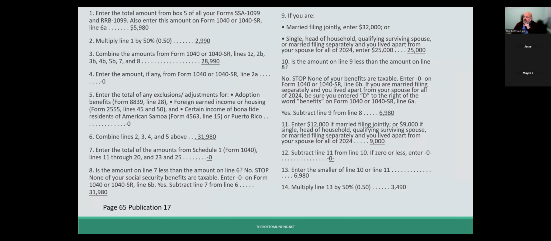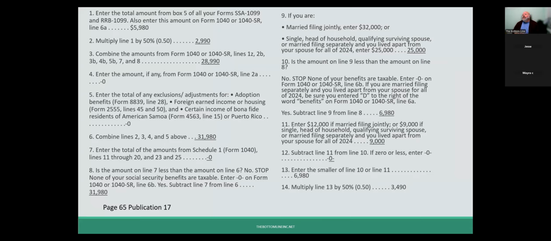Single person, single head of household, 25,000. So we take 25,000 from the 31,980. So he has some taxable income. Okay, so you're going to subtract that 25 from the 31 and we get $6,980.